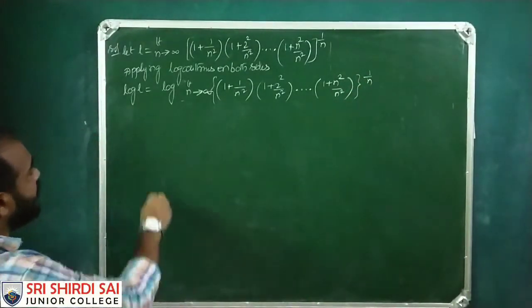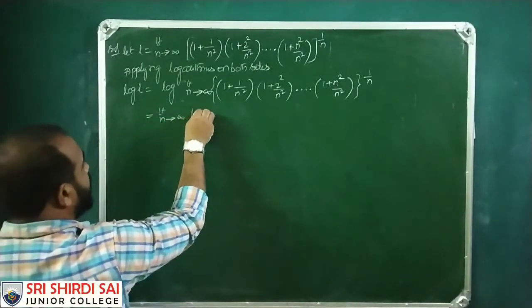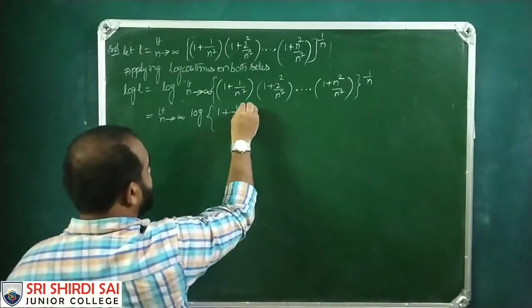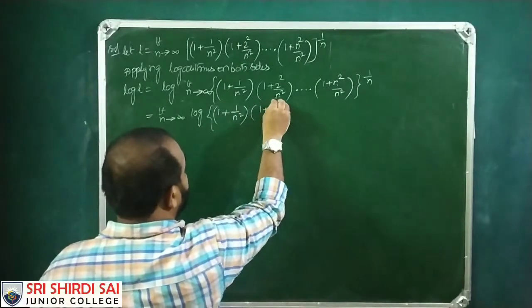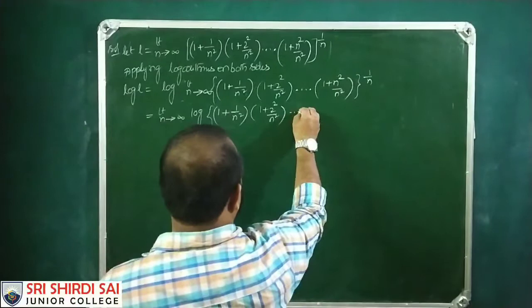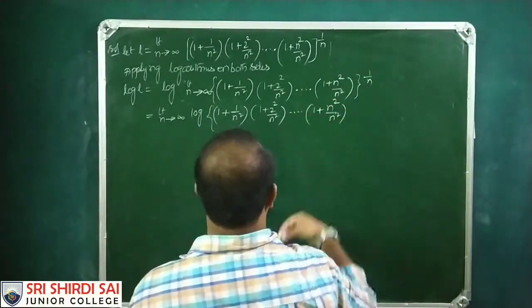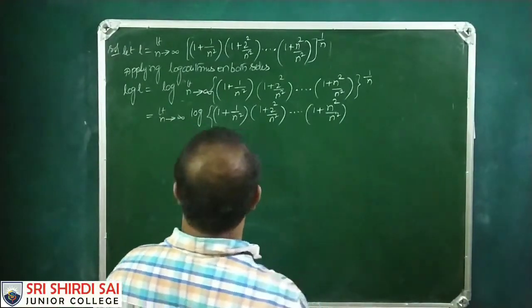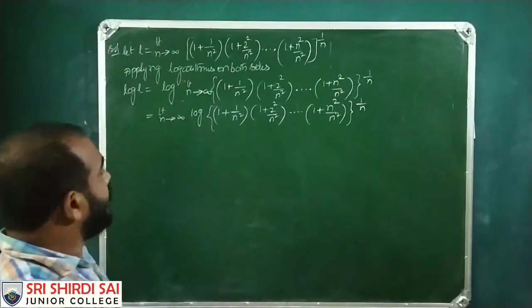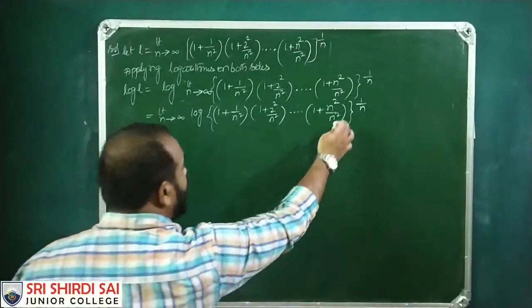So this can be written as the limit as n tends to infinity of log of [(1 + 1/n²)(1 + 2²/n²) ... (1 + n²/n²)] to the power 1/n. Since log a to the power m is m log a, this power will come forward.